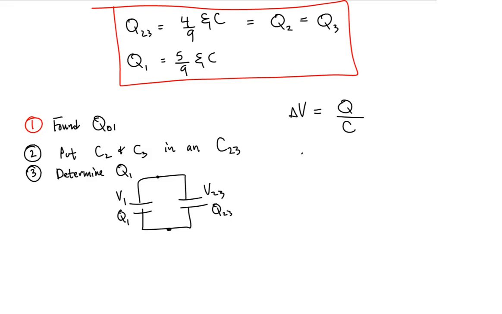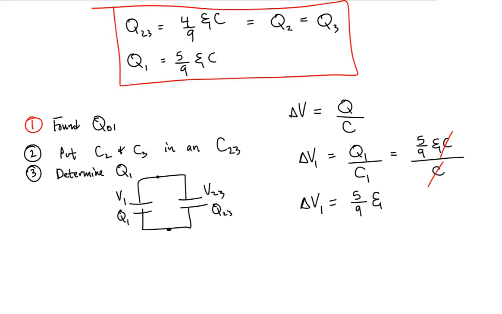If we want to find the potential difference on capacitor 1, it's just the charge on capacitor 1 over capacitor 1's capacitance. Well, the charge on capacitor 1 is 5/9 times the product of the EMF and its capacitance, divided by its capacitance. So the potential difference across capacitor 1 is just 5/9 the EMF of our original power source, the battery.